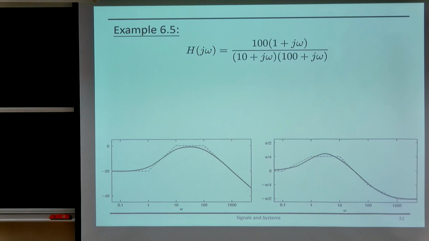So here we have a system with response that looks like this. Now, for this frequency response, we can actually write it as 1 over 10 times 1 over 1 plus j omega over 10, 1 over 1 plus j omega over 100, and 1 plus j omega.